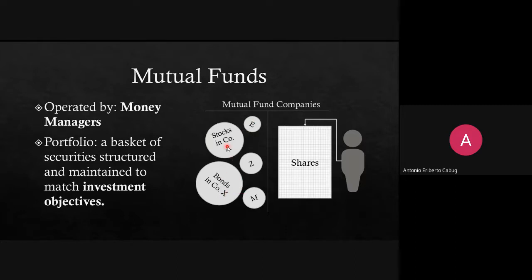Some would invest in stocks, some would invest in bonds, others would invest in a mixture of different funds. We use the term portfolio for a basket of securities structured and maintained to match the investment objectives. Each mutual fund has an objective.